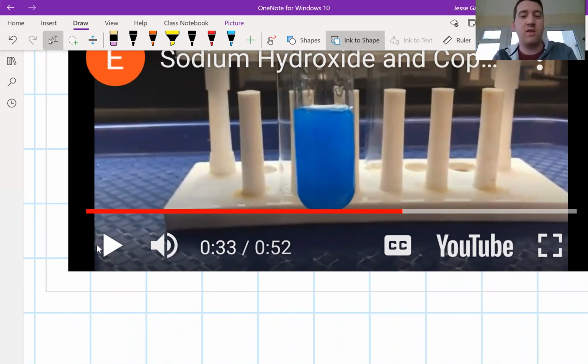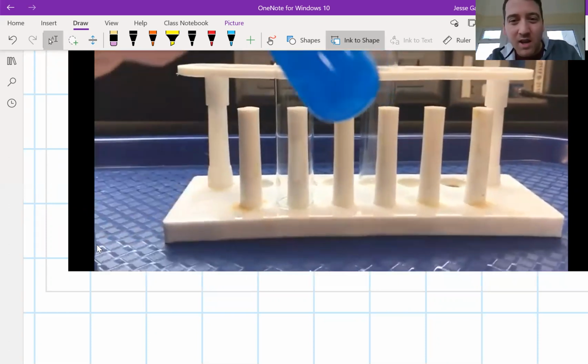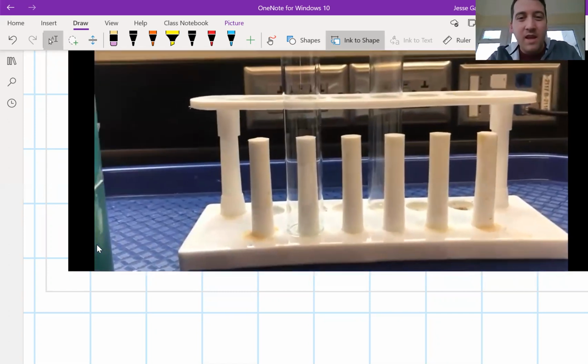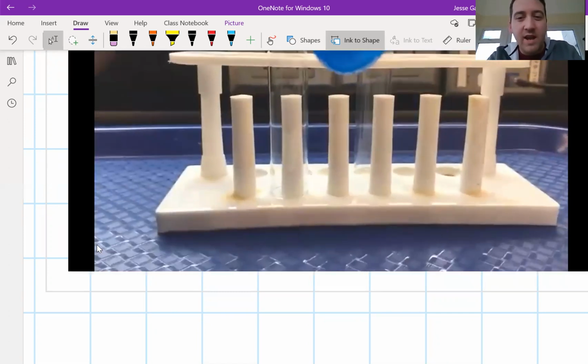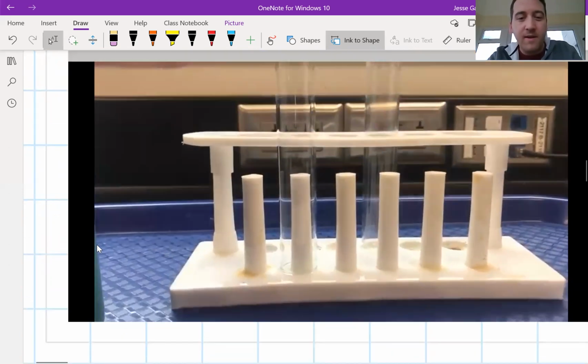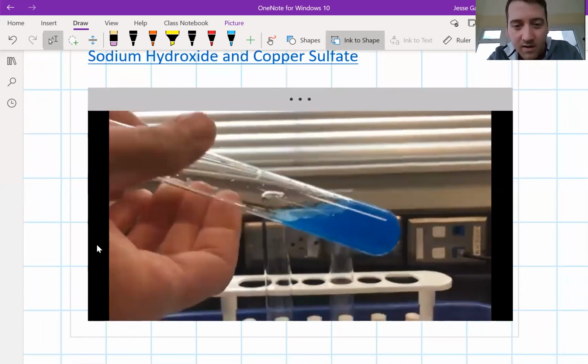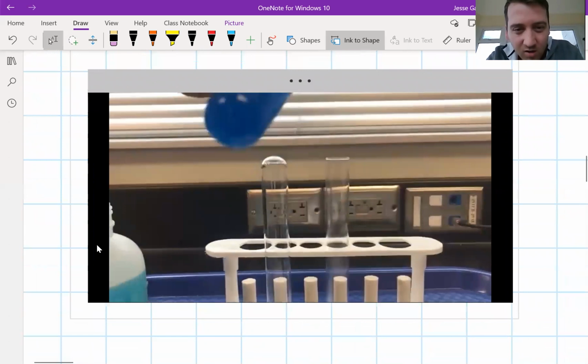There was no solid within it. When we've mixed these two things together, we've actually formed this deep blue, and it's like a clumpy solid that's not soluble anymore. I'm going to keep playing, see can we spot the little lumps. If not, I might have to pause the video again and go and get a nice picture of this insoluble solid. But I'm just going to wait and see.